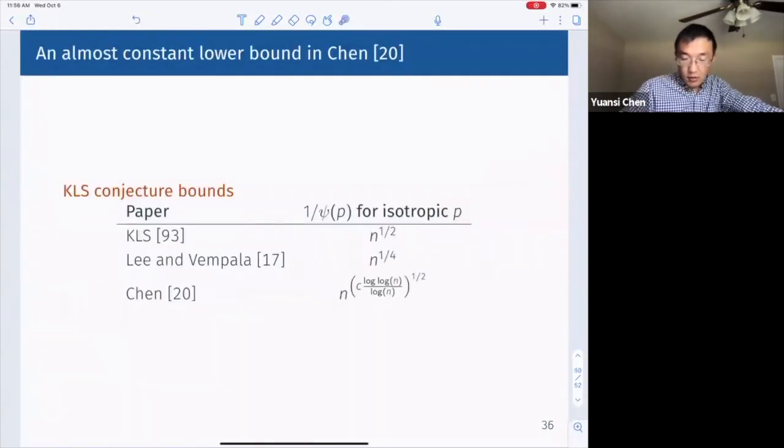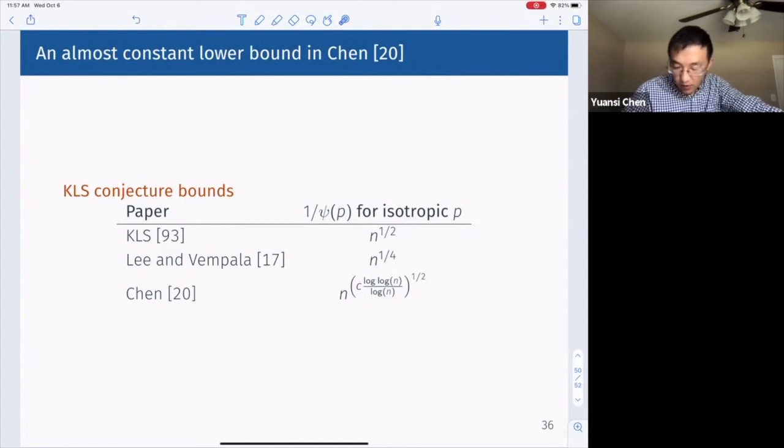And in our 2020 paper, we basically follow their idea of choosing a large q, but with a more refined analysis, and we can get an isoperimetric inequality with an isoperimetric coefficient that has dimension dependency n to the power of a constant times sqrt(log log n over log n).